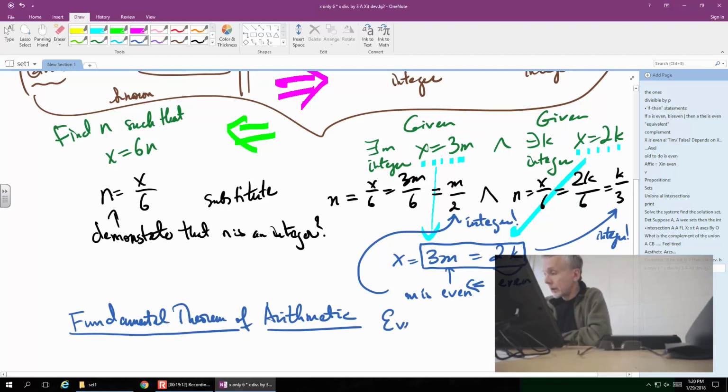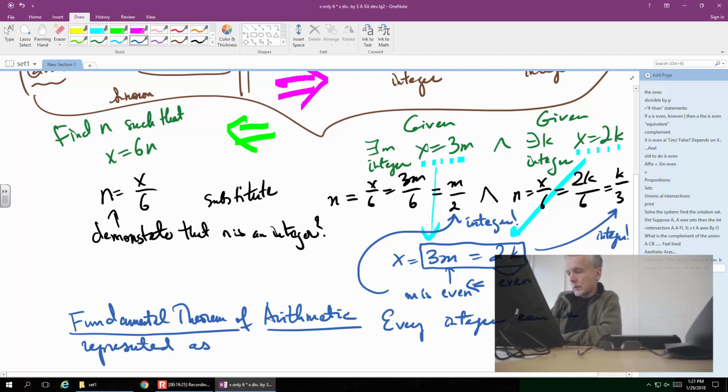Okay, so every integer can be represented as the product of primes. Remember this?